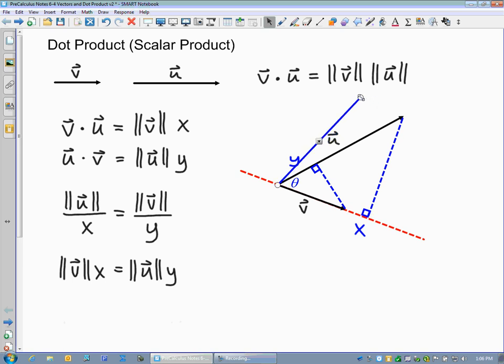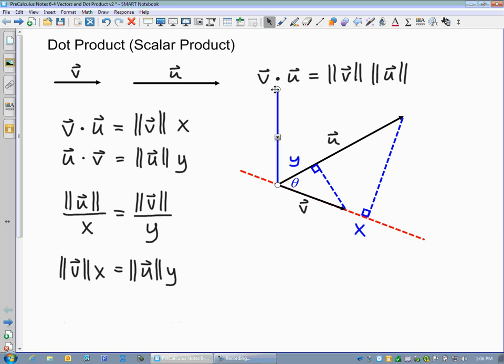And as I keep going, a larger and larger angle of theta makes x smaller and smaller until I reach the point where I am perpendicular to the line which contains vector v. At that point, the projection will project down to a point and will have no length. It will be a zero vector itself. So therefore, the product is going to be 0, which tells you that anytime the dot product results in 0, the two vectors must be perpendicular.